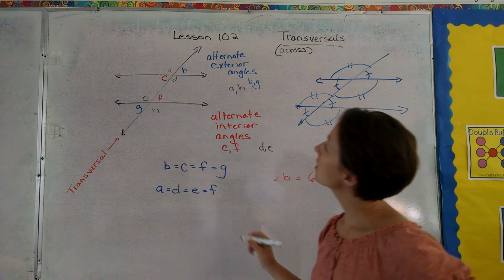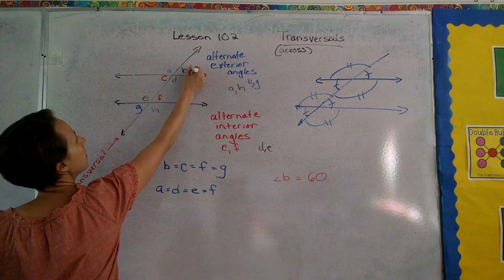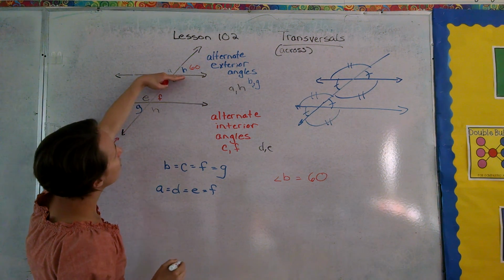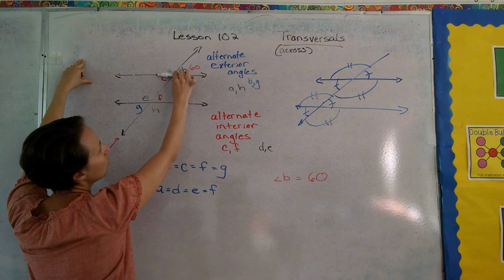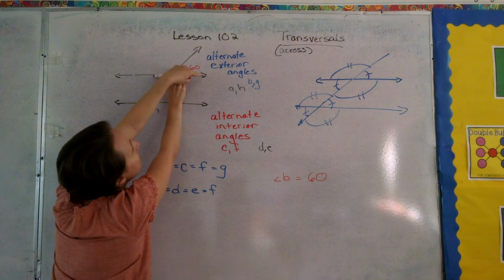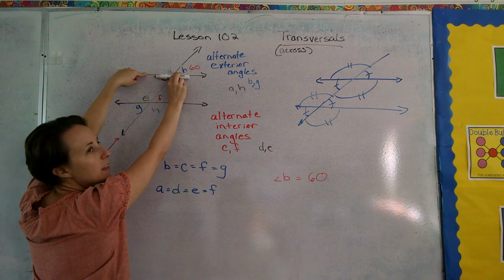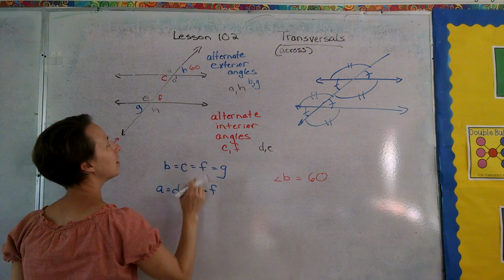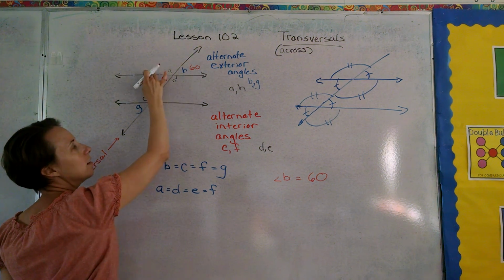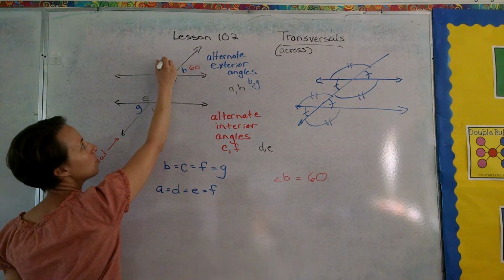Now I can solve everything else. If this is 60, start by looking here. 60 plus something will bring me to my straight line. 60 plus what makes a straight line? Wait a second, a straight line is 180. 60 plus what makes 180? Plus 120.